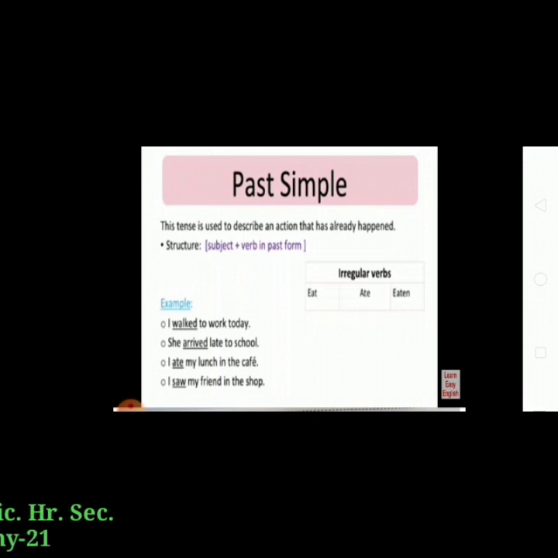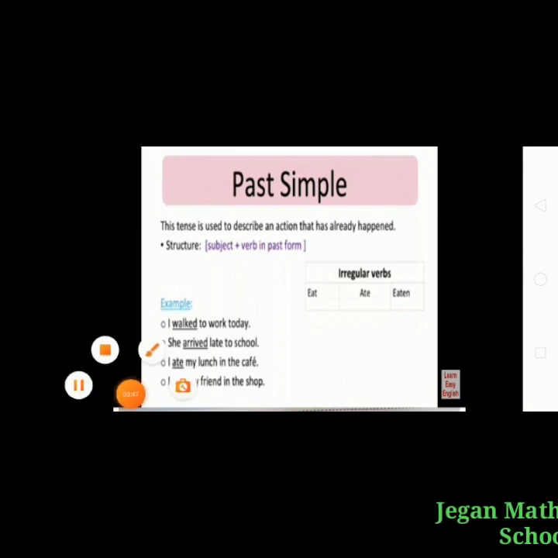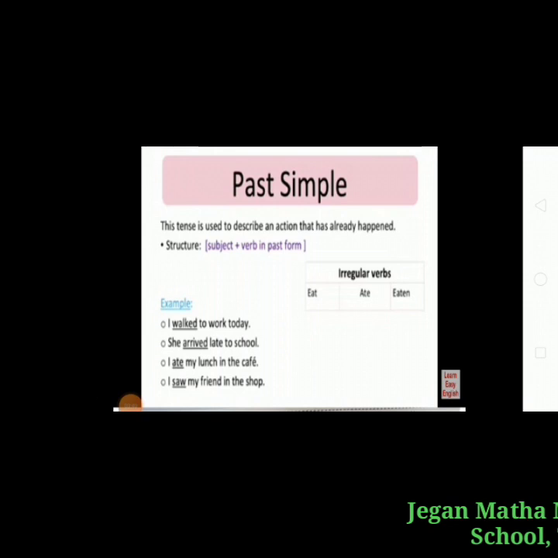See the structure: subject plus verb in past form. So here are some examples. I walked to work today. She arrived late to school. I ate my lunch in the cafe. I saw my friend in the shop.